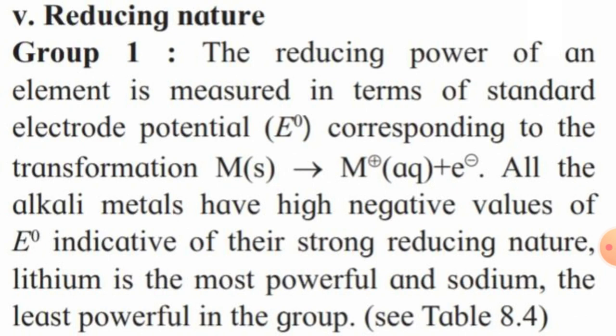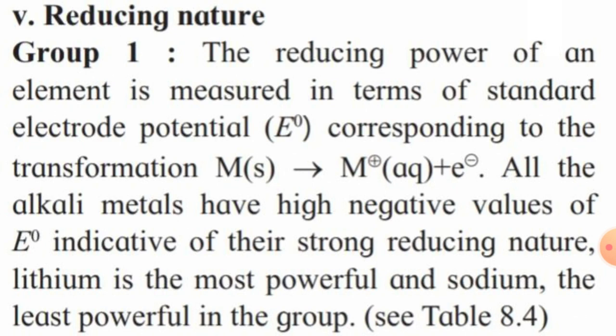So when a group 1 element, that is an alkali metal, is written as M, any element of group 1, when it liberates an electron, gets converted into a cation. A positive charge is nothing but a cation.